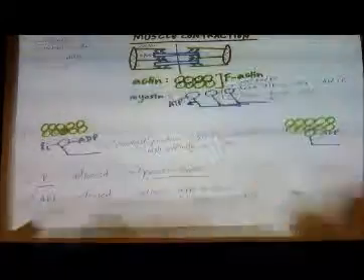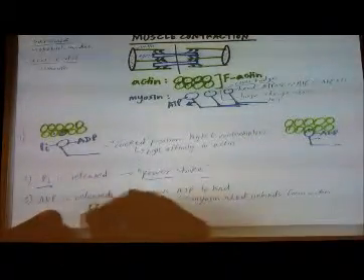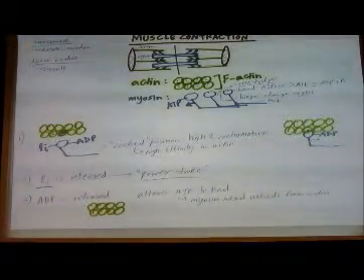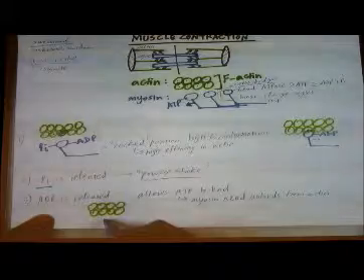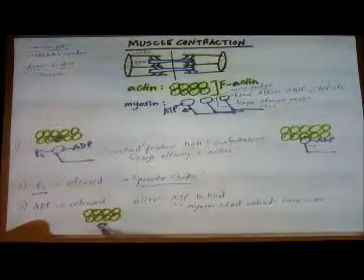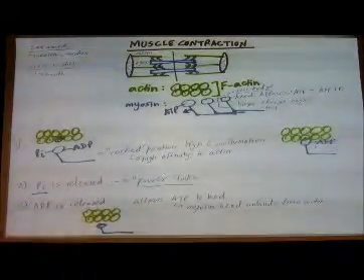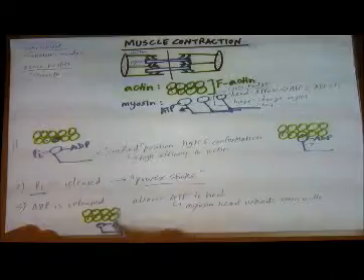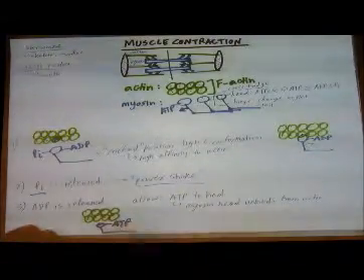So if we draw that, it looks like this. So it'll stay in that same angle, and just the only difference would be that it's not attached to the actin anymore. And so now we have the ATP bound in place of the ADP.